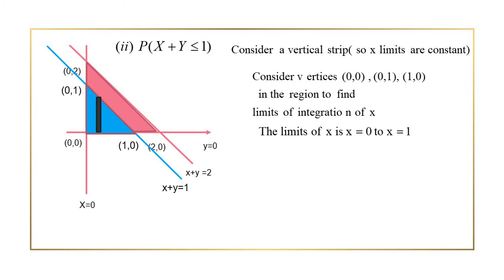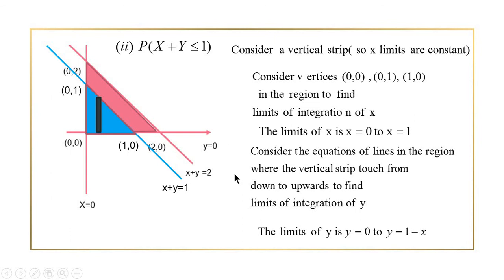To find the limits of y, you have to consider the bottom part and topmost part of the vertical line. The equation where it touches the bottom part of the vertical strip is the x-axis, therefore y equal to 0. The topmost part touches the blue colored line, which is y is equal to 1 minus x. Therefore, the limits of y is from y equal to 0 to y equal to 1 minus x.